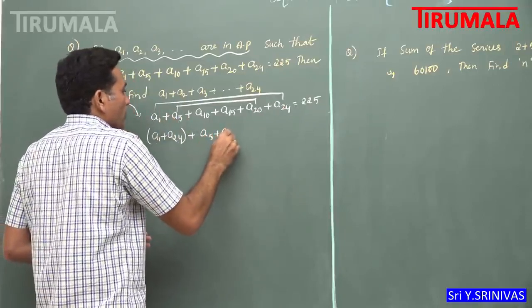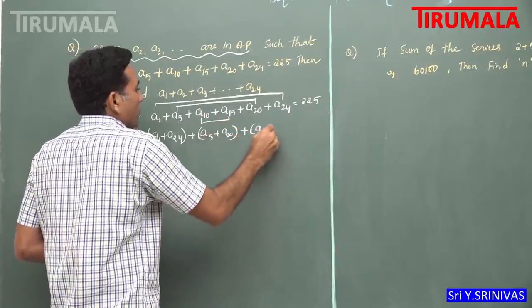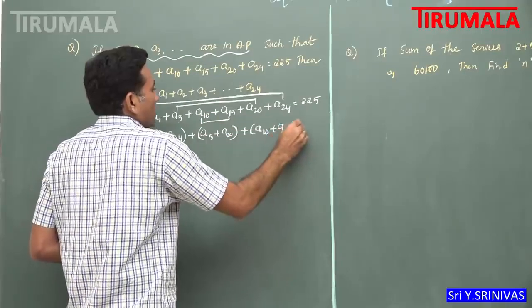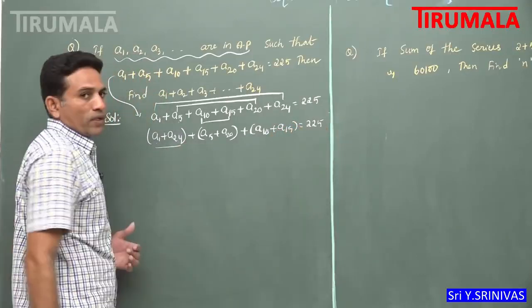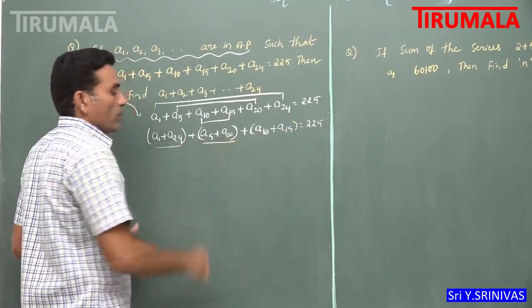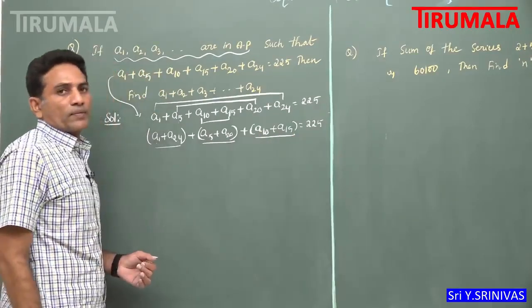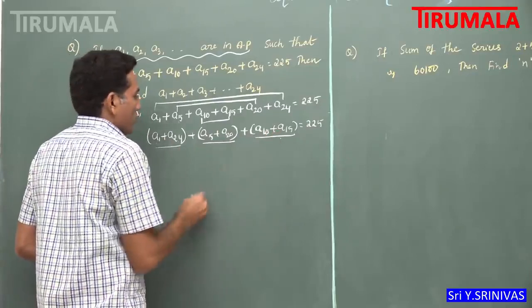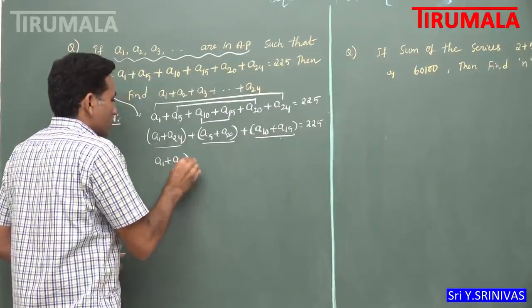Now take one bracket. A10 plus A15 is equal to 225. A1 plus A24 is equal to A5 plus A20 is equal to A10 plus A15. These are all the same.